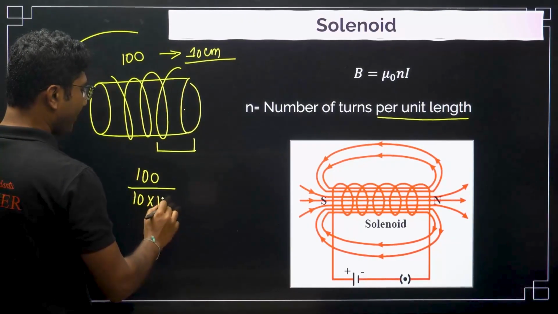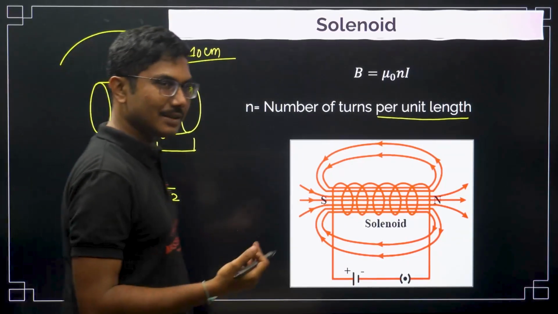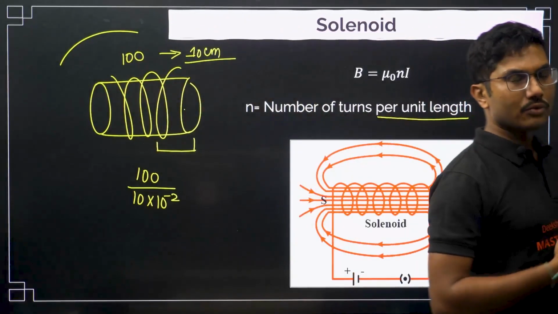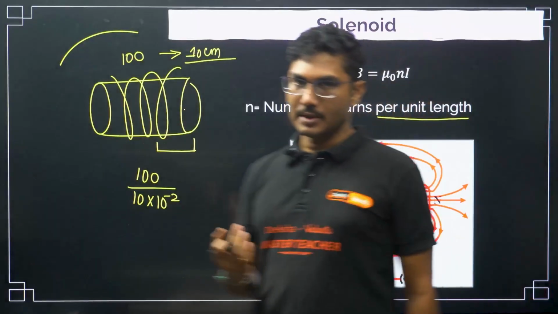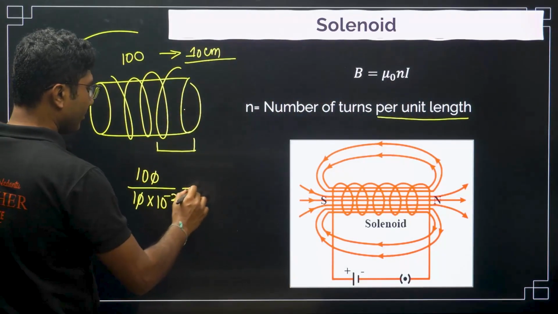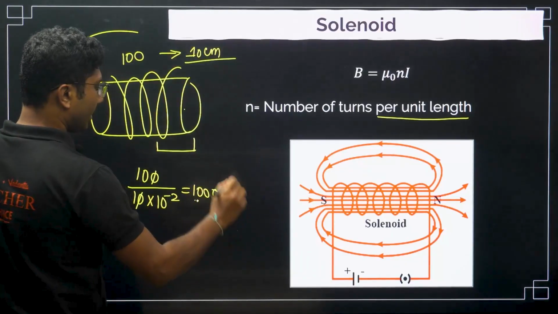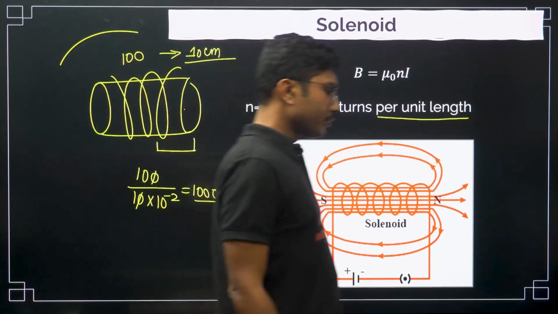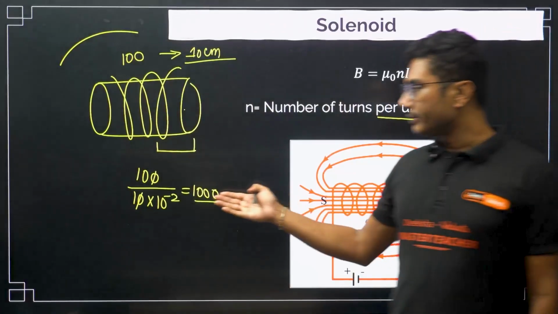Now the length you have to convert into meters, that is the major thing. Then you can cancel the 10 and you will see this will be 1000 turns per meter. So you can calculate the number of turns per unit length in this way.